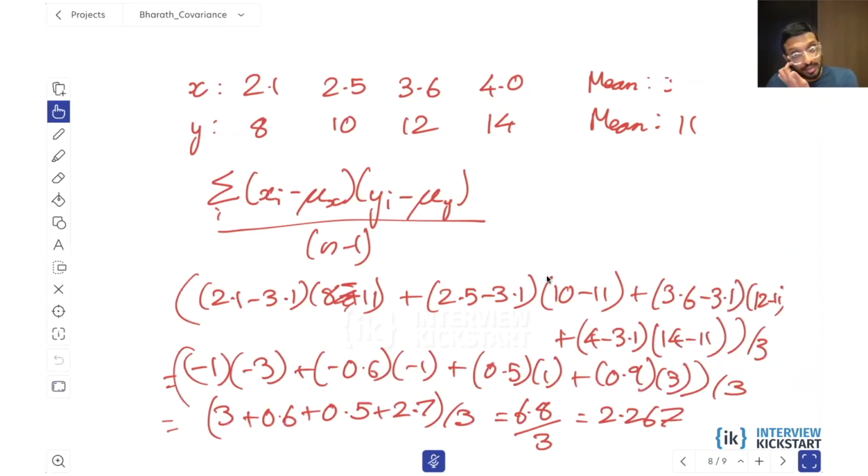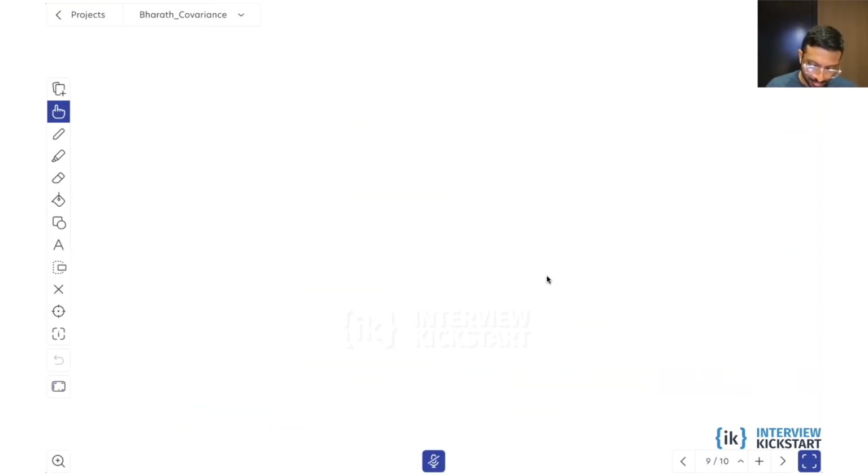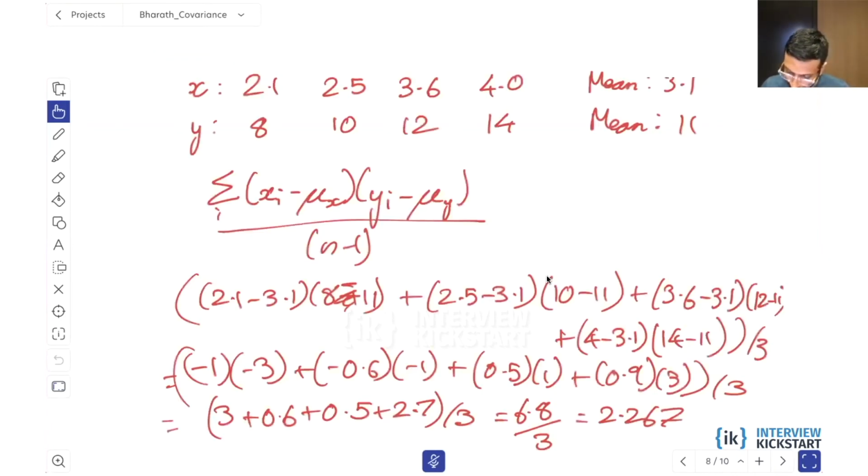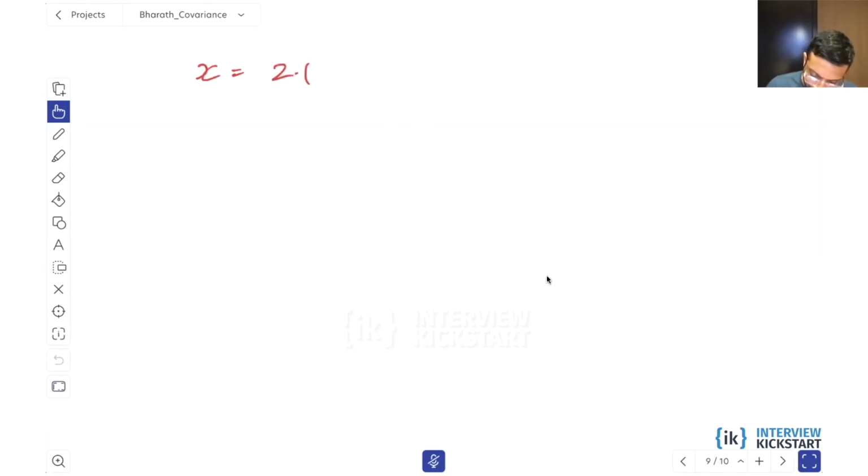Let's take similar values, but calculate a different case. We take the same x values, 2.1, 2.5, 3.6, and 4.0, and the mean is 3.1.